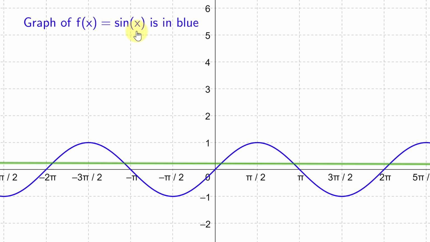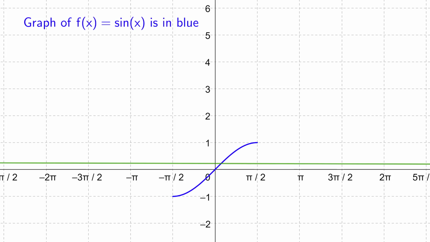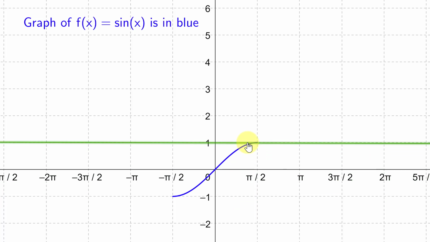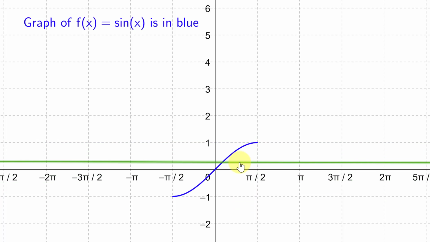So in cases like this, we have to restrict the domain. Limiting the x values over which my graph is plotted, I can see that my graph is being plotted over less and fewer x values. But notice it is still not one-to-one at this point. But if I restrict it even more, now if I take my horizontal line, it's only going to cross the graph one time.